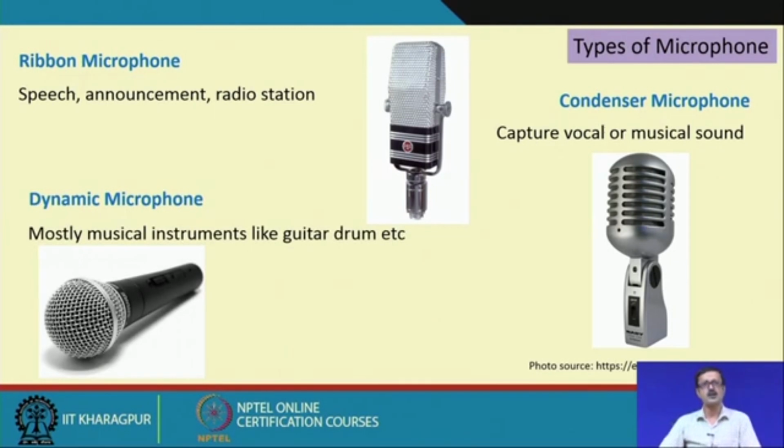The last one is the dynamic microphone, which is mostly used for instruments like guitars or drums. Again, this has wonderful directivity, and nowadays it is a replacement for the condenser microphone.